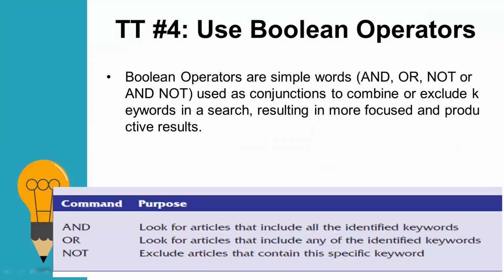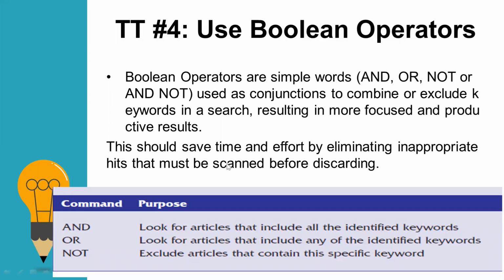Boolean operators are simple words used as conjunctions to combine or exclude keywords in a search, resulting in more focused and productive results. So AND, OR, NOT, these are the things to include or to exclude in the articles. This should save time and effort by eliminating inappropriate hits that must be scanned before discarding.